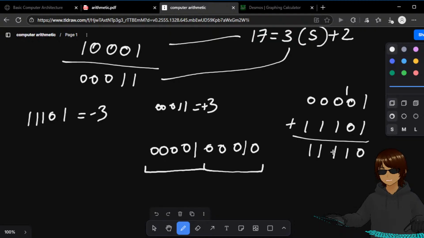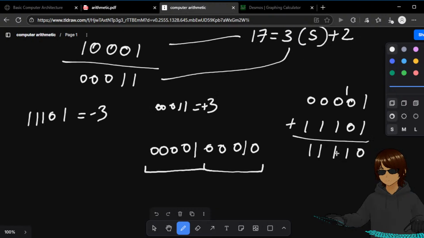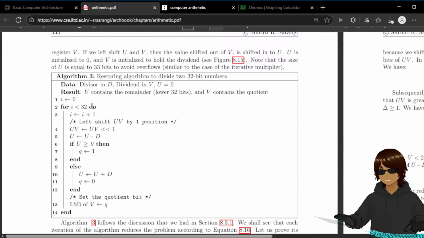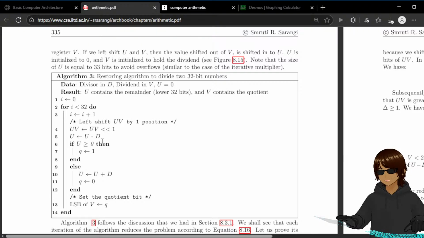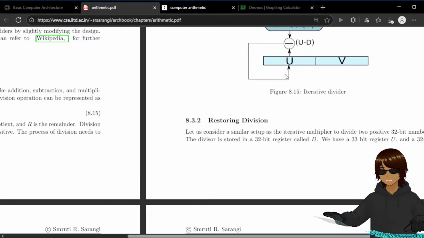Minus 16 plus 8 plus 4 plus 2. Is this correct? 1 minus 3. Yeah, I assume. Yeah, it's correct. U minus D. We store U minus D over here.